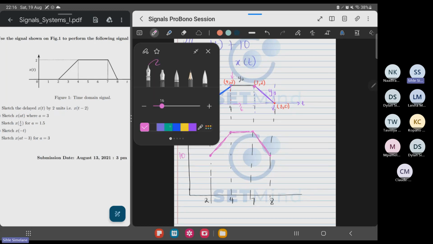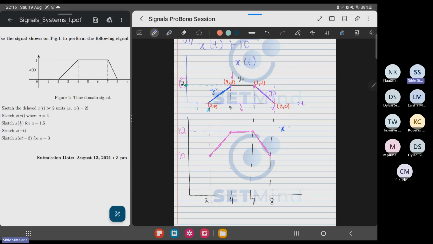And this graph here would be your x of t plus 10, meaning shifting it by 10 units up. I've never seen these before, but it makes common sense that they are doable and easy, as good as doing your shifting up and down, which you did on your cosine functions back in high school. Do we have any questions?